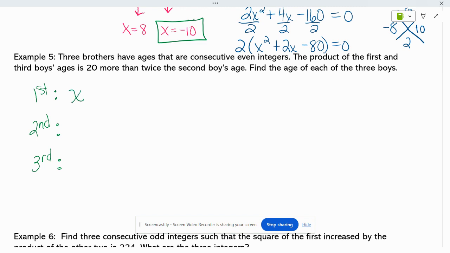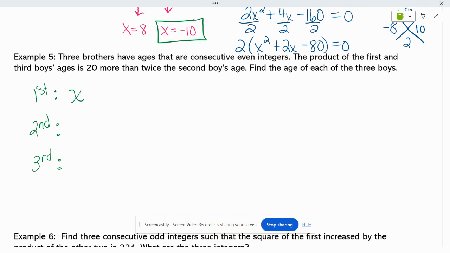What's the next one going to be, Lorenzo? How do I get to the next number after x? How much do I add? If I start with 2, how do I get to the next number? It's even. So 2 plus what gives me 4? Look at your warm-up.